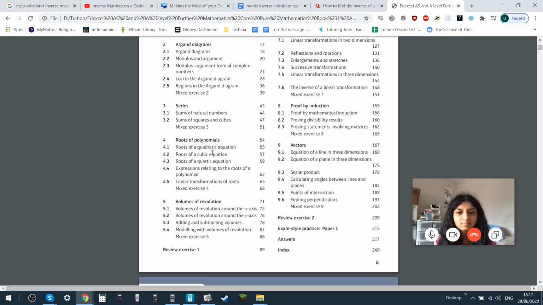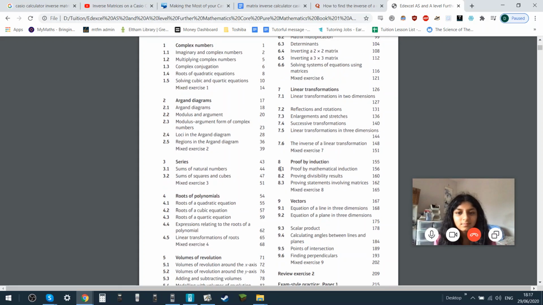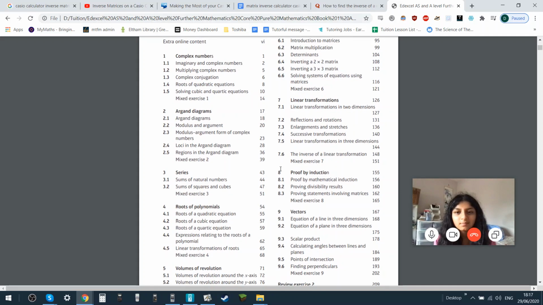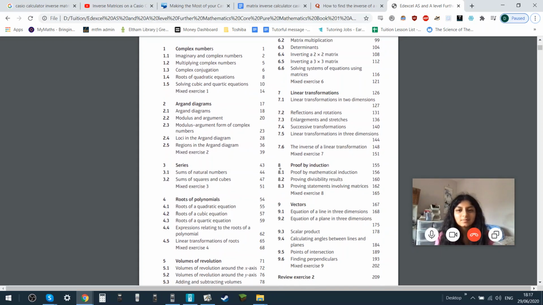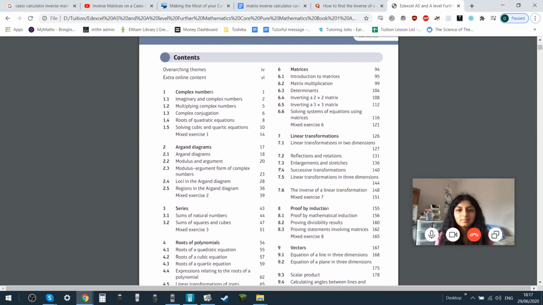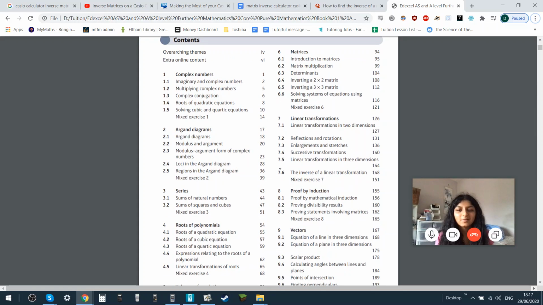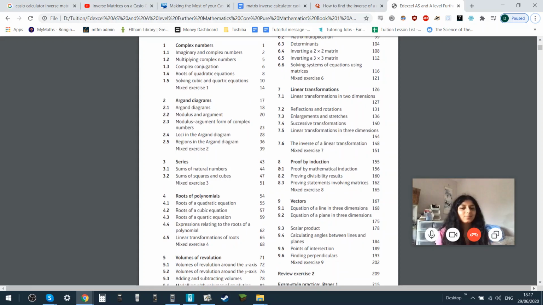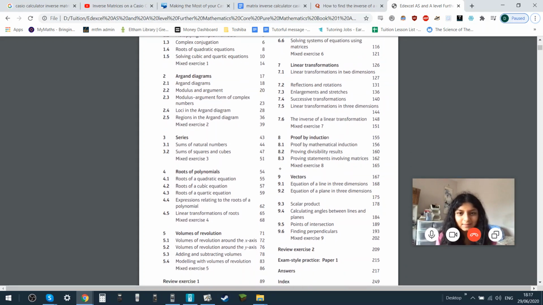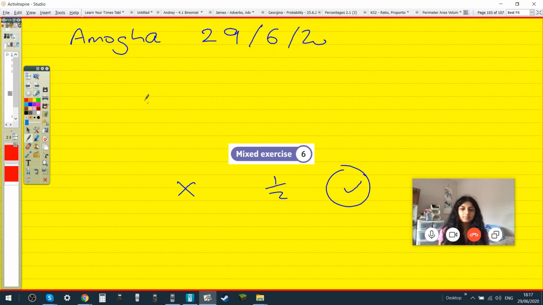Oh, we could do roots of polynomials or something. Yeah, don't mind. Let's give it a go. Why is transformations in further maths? Linear transformations, reflections. Brilliant. Why is that there, though? Who knows. I'm guessing it's not the same as GCSE. No, definitely won't be the same. So let's say roots of polynomials or vectors. I'll take a look at both of them and see. You don't want vectors? No.